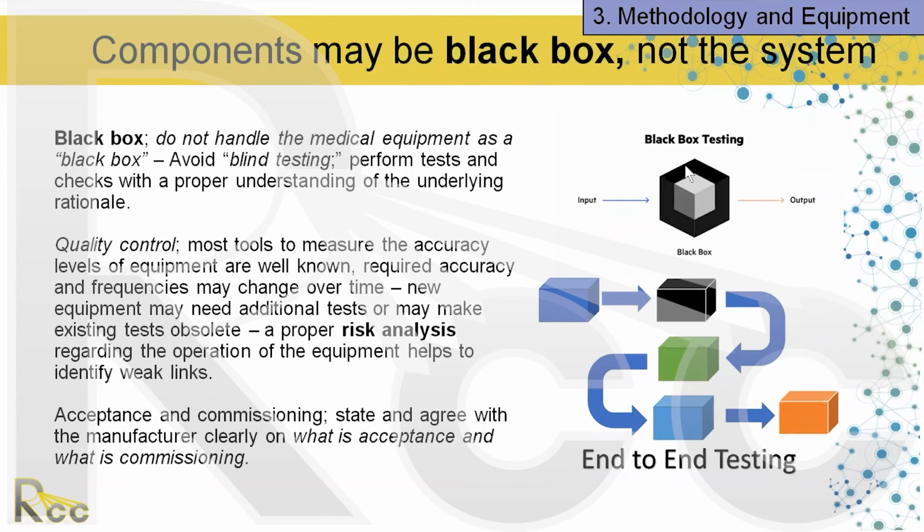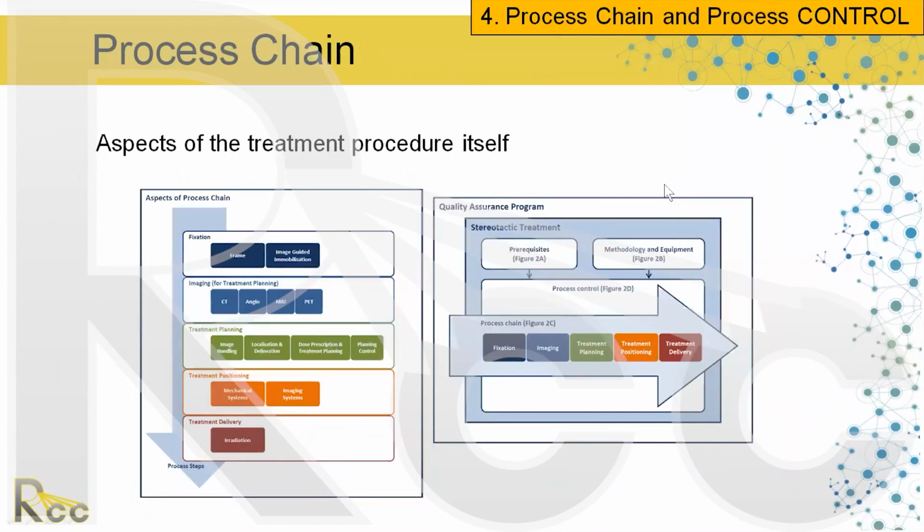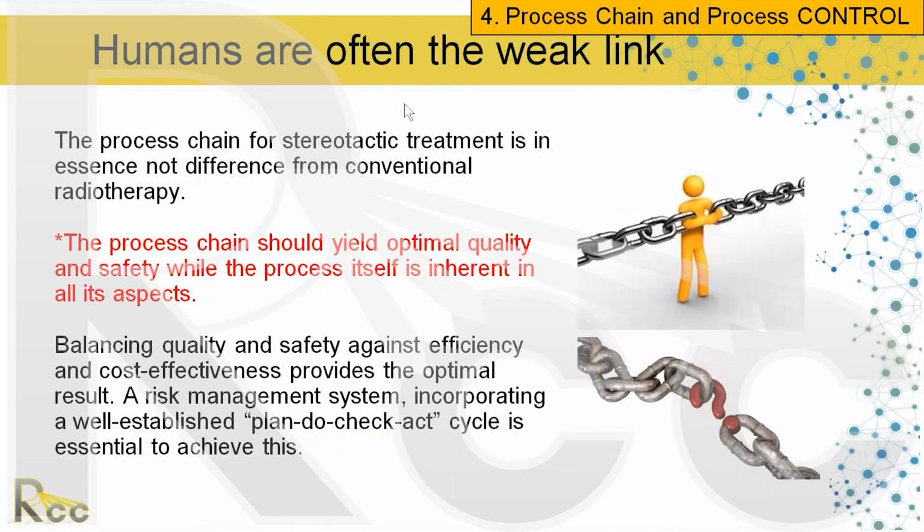I only urge you not to treat the system as a black box. Like I said, some elements maybe, but for the most part, try to dial it in as best you can and understand it as best you can. And I'm actually going to come back to that one, but you want to know about the whole process and each element as best as possible. Humans are often the weak link. It's just the reality.